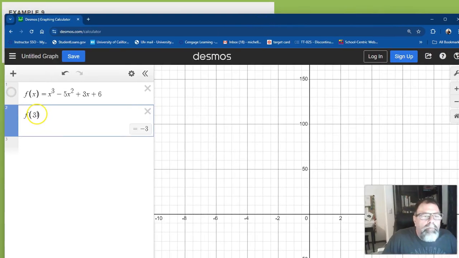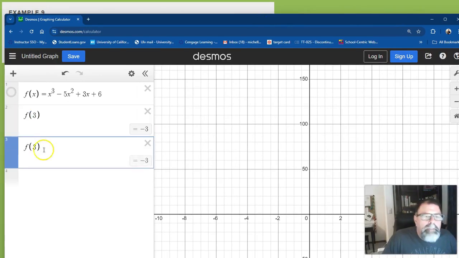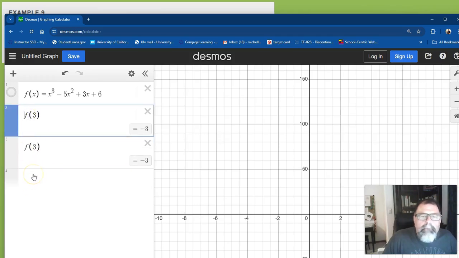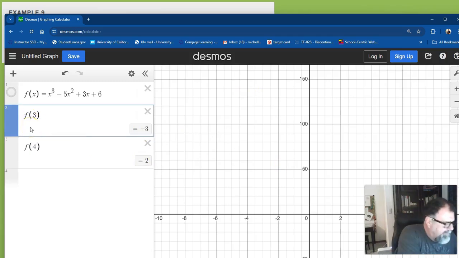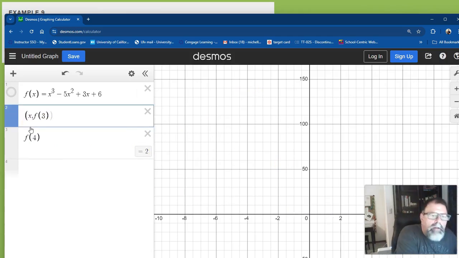Let me copy this and paste. Actually, you know what I should do? Never mind. You see how this one's positive, negative, and this one's positive? Let me do x, comma, f of x.